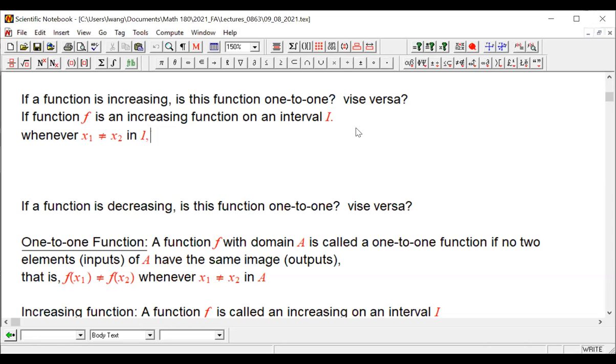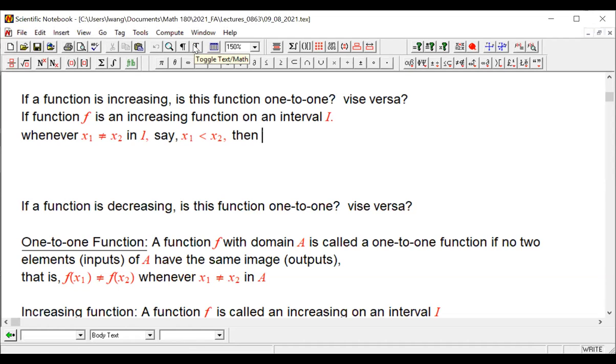One must be smaller than the other because they're not the same. Suppose, say, x1 is less than x2. Because they're not the same, I can assume one is smaller than the other.